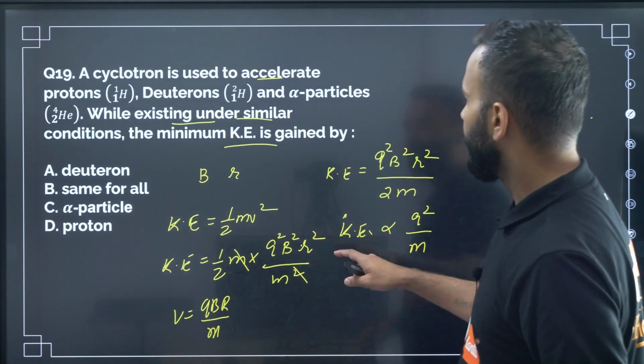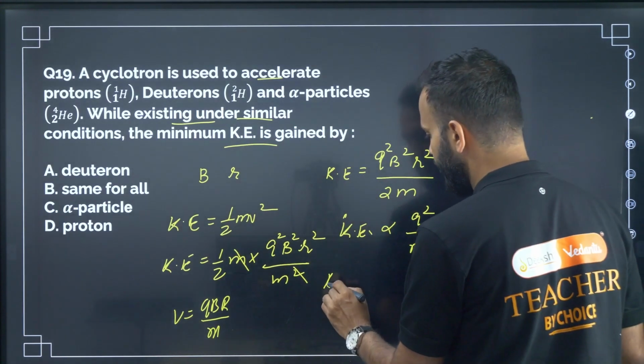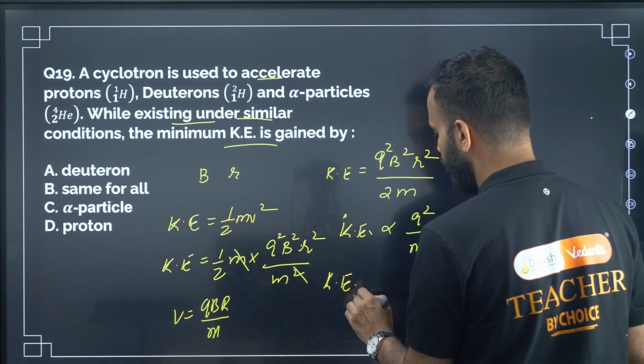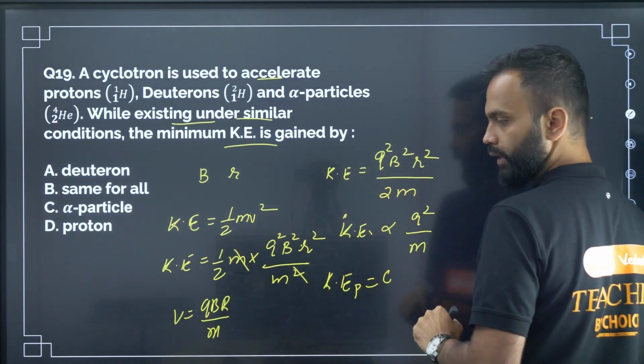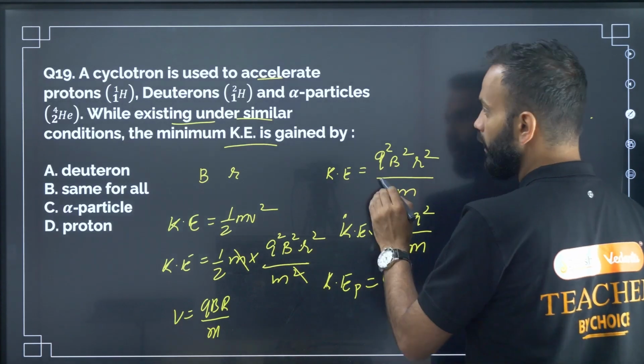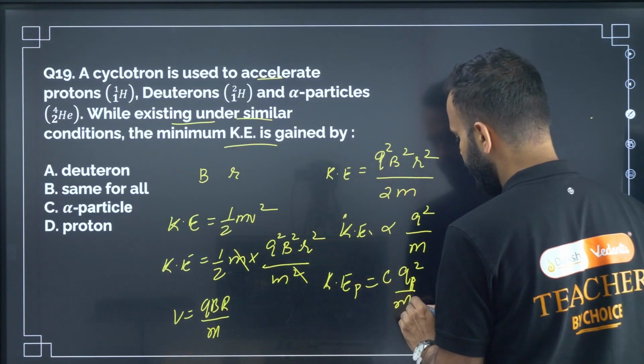Okay, so now compare here. The kinetic energy of the proton is equal to, here constant is B square r square, constant into q square, that is qp square divided by mp.